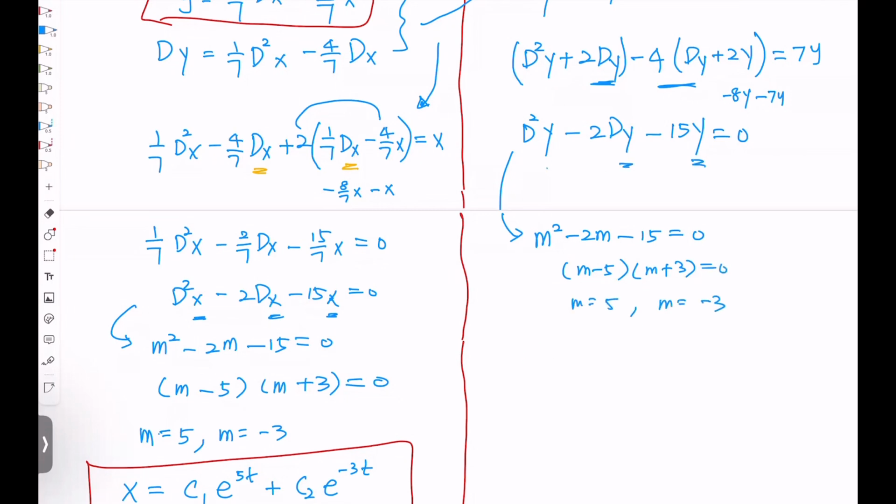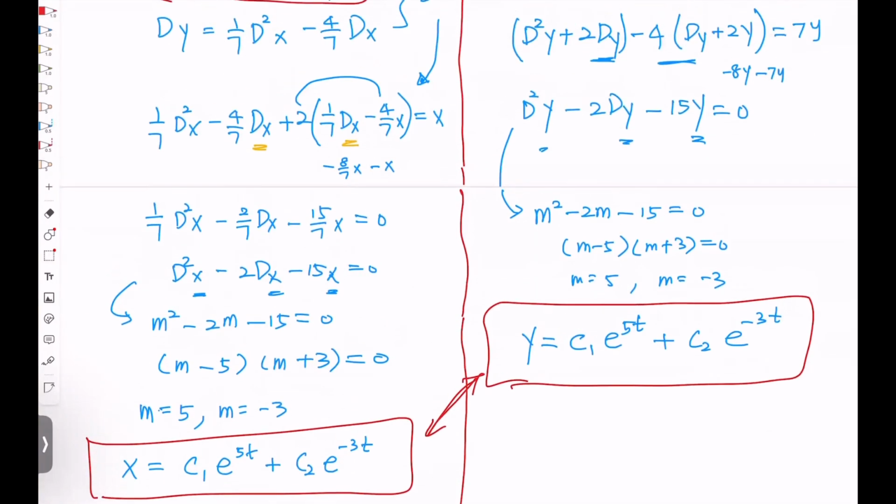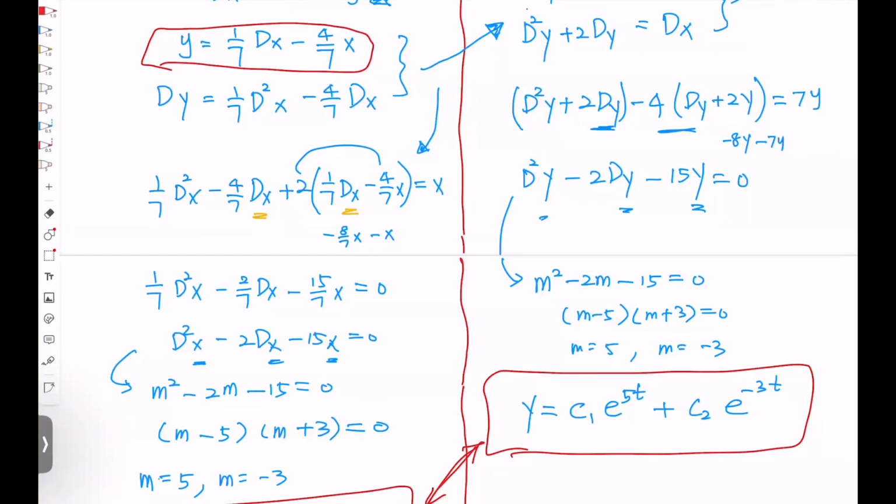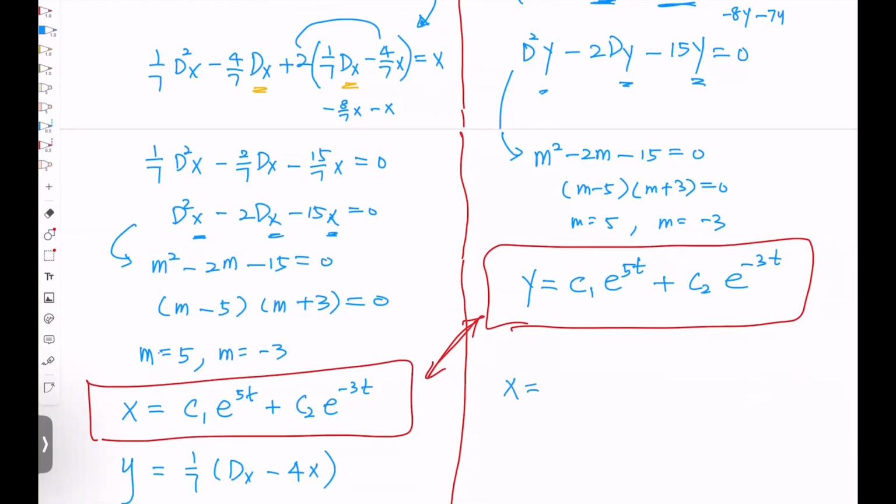This is y. So we're going to say y equals c1 e to the 5t plus c2 e to the negative 3t. So now we have y. Where's the x? We said x equals dy plus 2y. Then x equals dy, 5c1 e to the 5t minus 3c2 e to the negative 3t, plus 2 times y, c1 e to the 5t plus c2 e to the negative 3t.